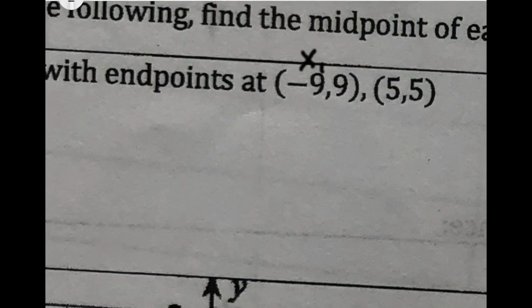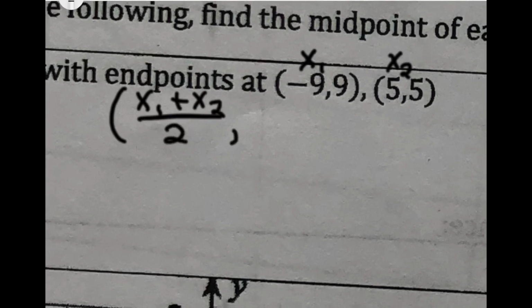So you would add the first x value and the second x value together and then divide by 2 because there's two x values, and that would give you the average. Or you can use the formula, which looks like this: x1 plus x2 divided by 2.